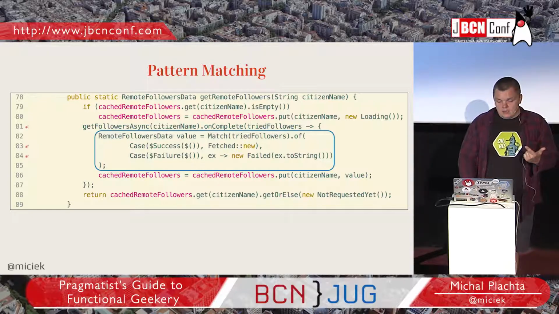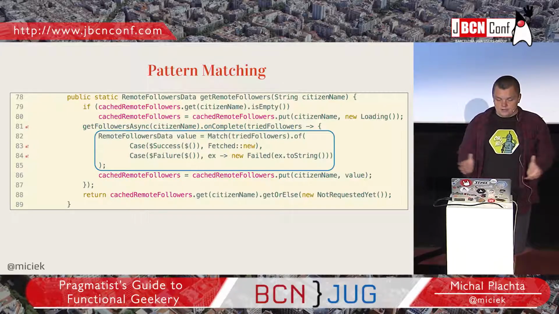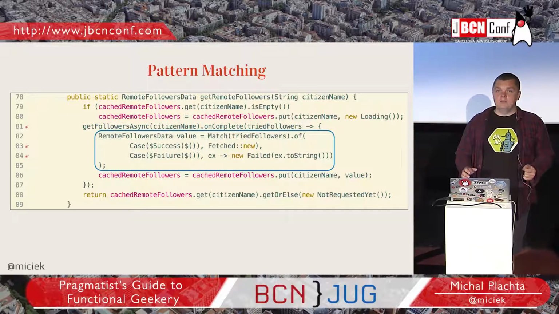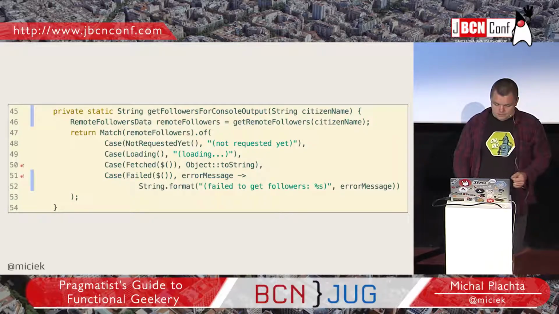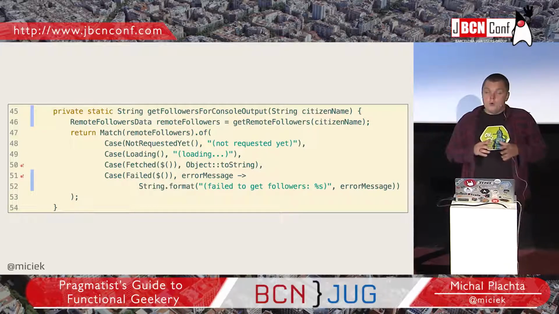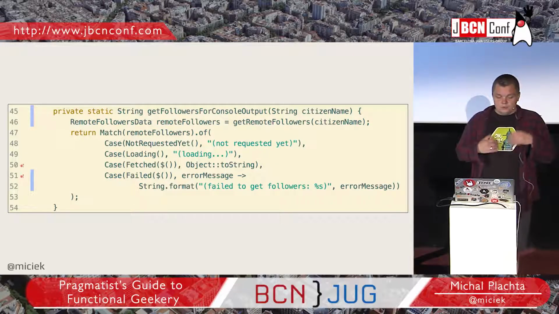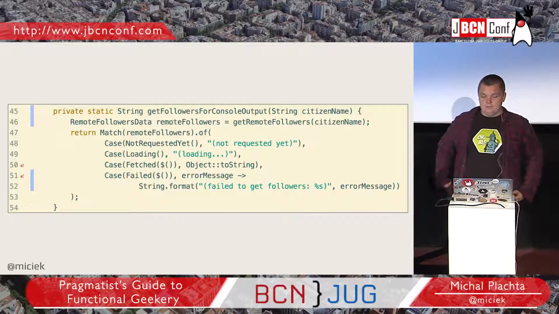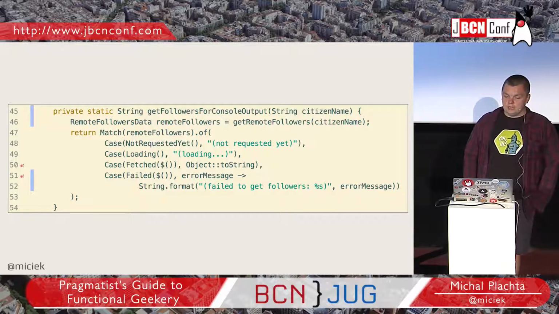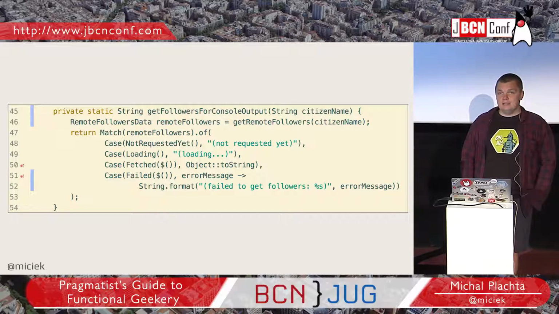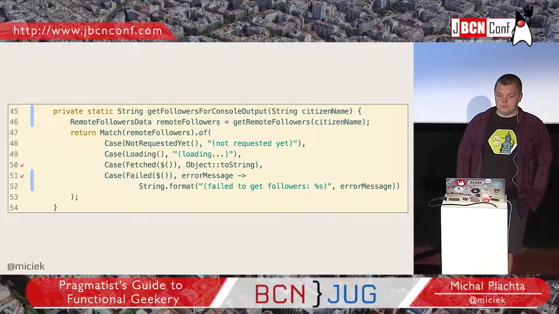So the whole value in line 82 has the remote followers data type. Now we know how to handle ADTs using pattern matching, so we can handle them in our client code. We can match over remote followers and have four cases, because this is a sum type of four cases.